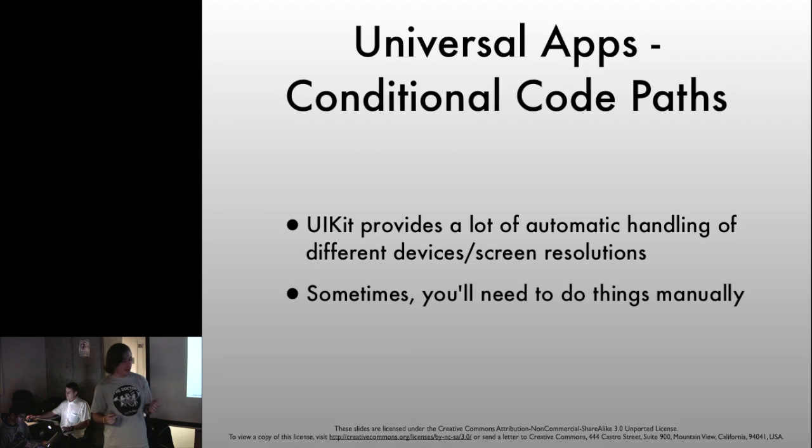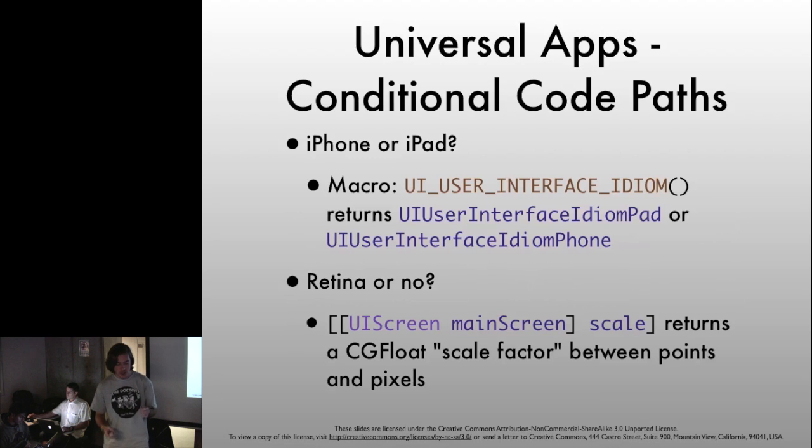So like I said, UIKit actually automates a lot of these different screen resolutions and device properties. Occasionally, you'll have to do things manually. So here's a few things that are useful for determining some of these things. There's a macro UI_USER_INTERFACE_IDIOM that returns either UIUserInterfaceIdiomPad or Phone, based on if you're on an iPad or if you're on an iPhone or iPod Touch.